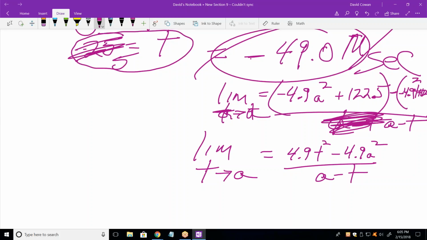Well, notice what the top is. That's a difference of perfect squares. Yeah, I believe it is.